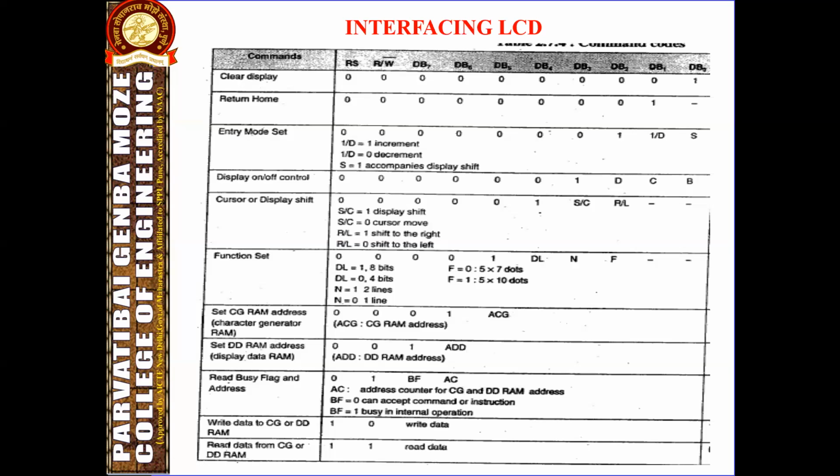Initialization comprises the command codes for clearing the display, shifting the cursor automatically after writing a character, and returning the cursor to home. After initializing, we can write data to the DDRAM or the CGRAM by ensuring the correct command and asserting the R/W bar signal low and the RS signal high. The data is sent on the port, and a high to low pulse is applied on the E pin. The DDRAM stores the characters in their ASCII code.